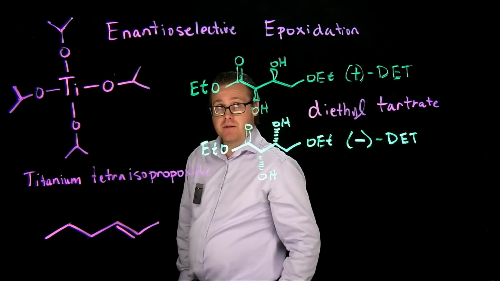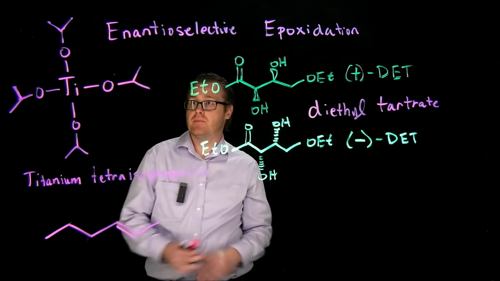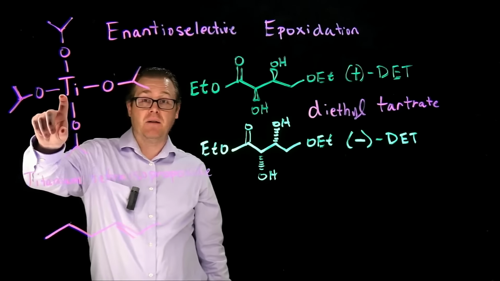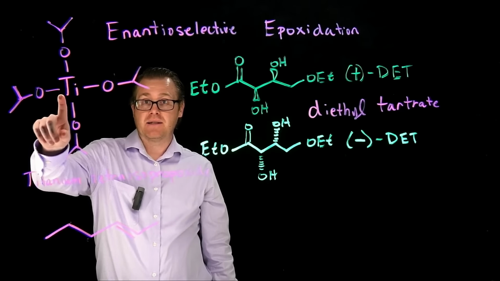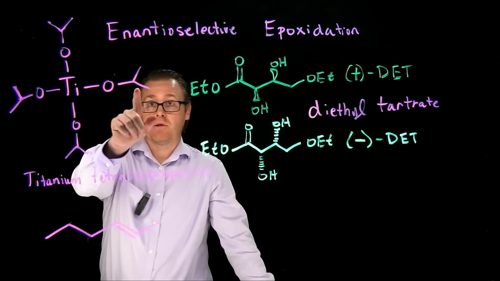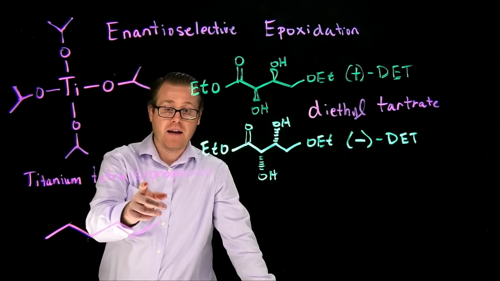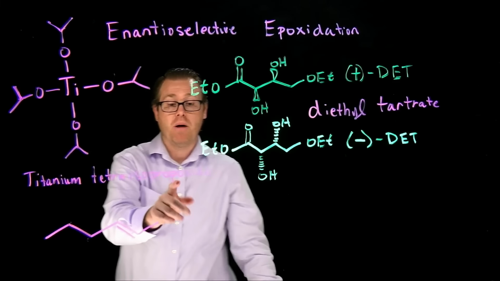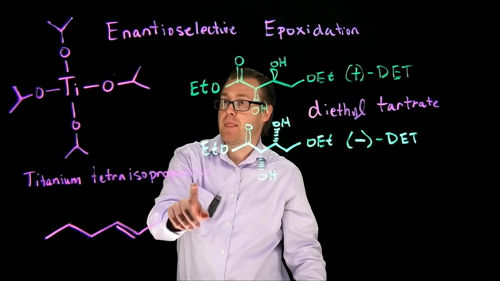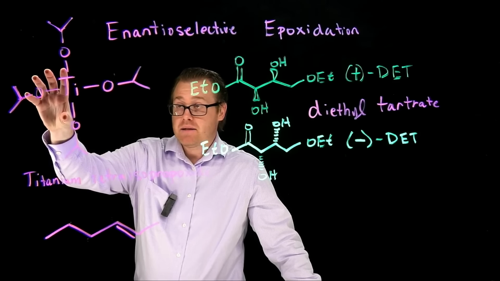So in an enantioselective epoxidation, let's talk about the players. So you're going to have this titanium catalyst, and you can see that we have four isopropyl groups here that are attached to the alcohol here. So we have the titanium tetraisopropoxide. Okay. So we have that piece.